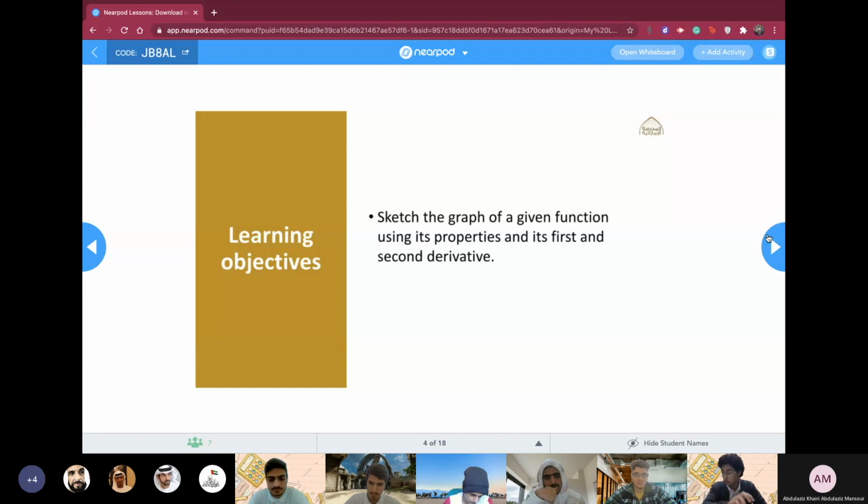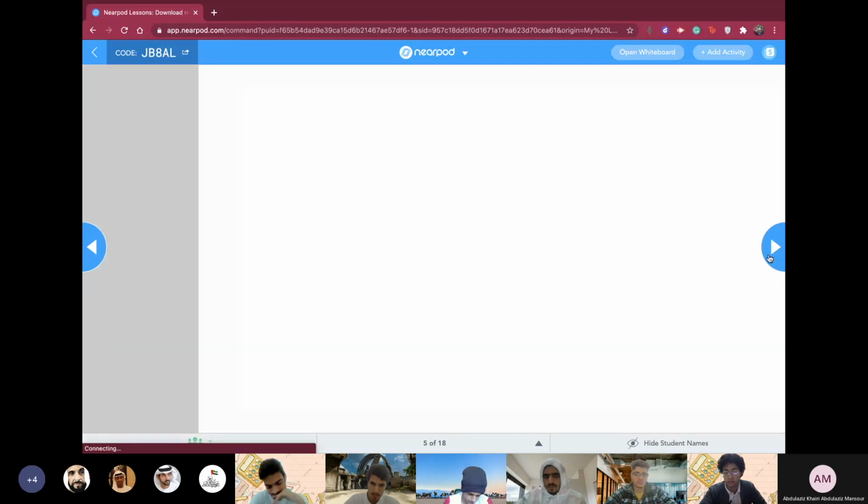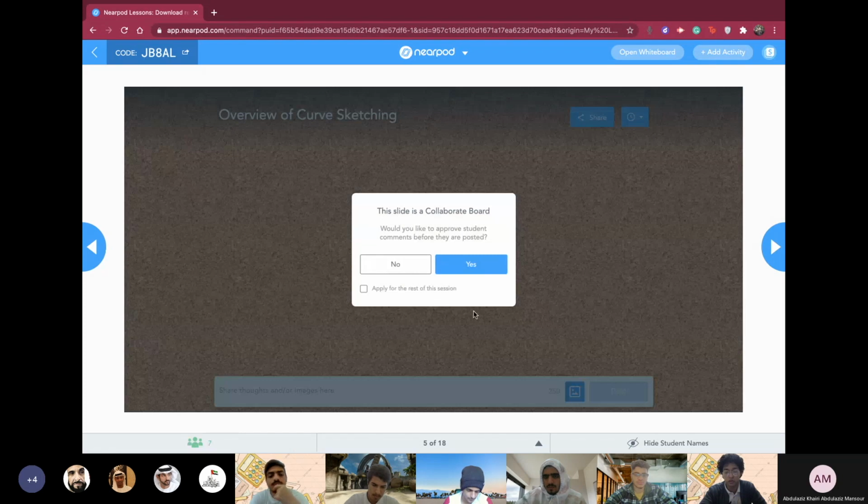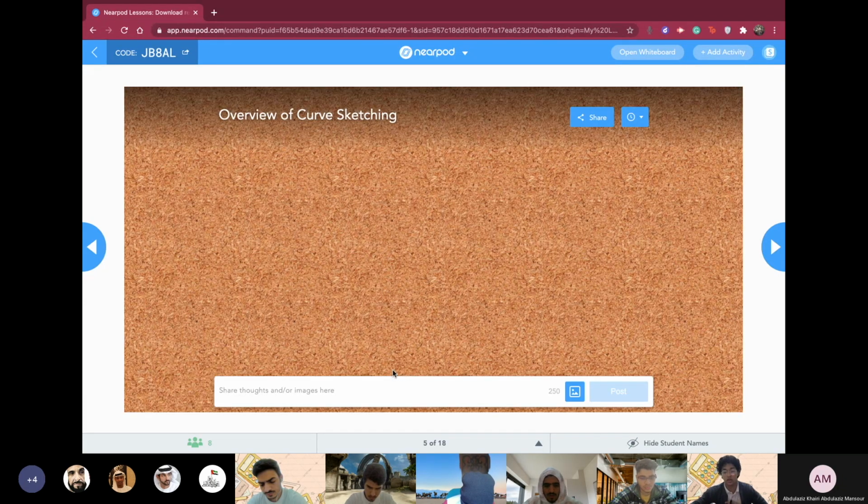Now, if you open the Nearpod website, there's an activity that you will use. I want you to write everything you know about properties of any graph, like you've learned it in the past years, anything. I will start with an example because some of you are confused.